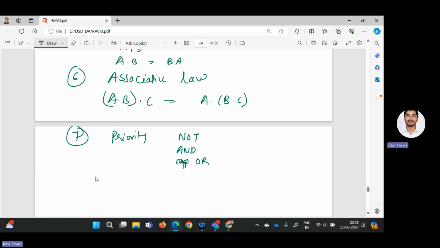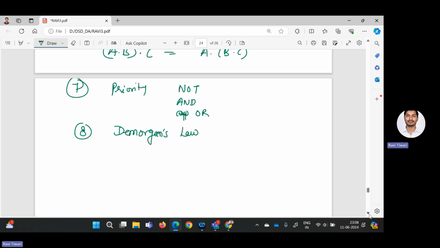The next property that comes under the Boolean algebra is De Morgan's law, and that is actually an important point. De Morgan's law says A plus B whole bar is equivalent to A bar dot B bar.